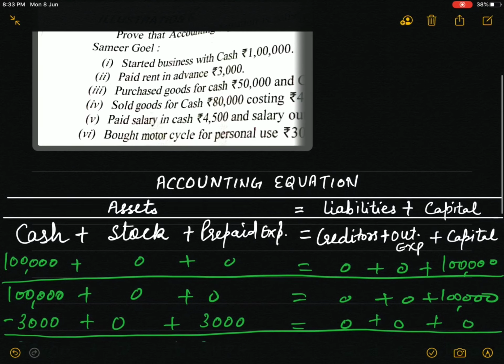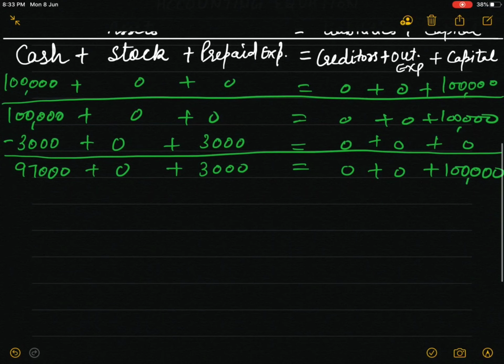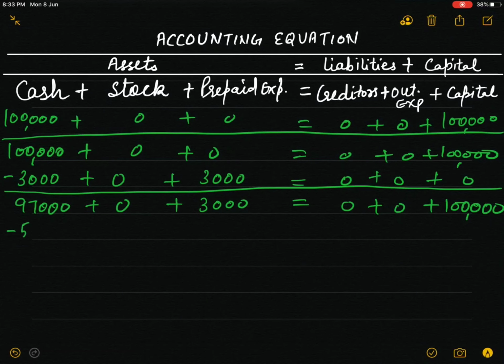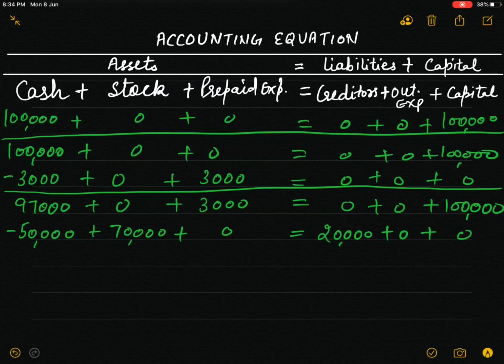So how do we write? 50,000 cash is going out, minus 50,000. Stock, total stock 70,000, cash plus credit. Prepaid expense no effect. Creditors 20,000, no effect on outstanding expenses and no effect on capital.